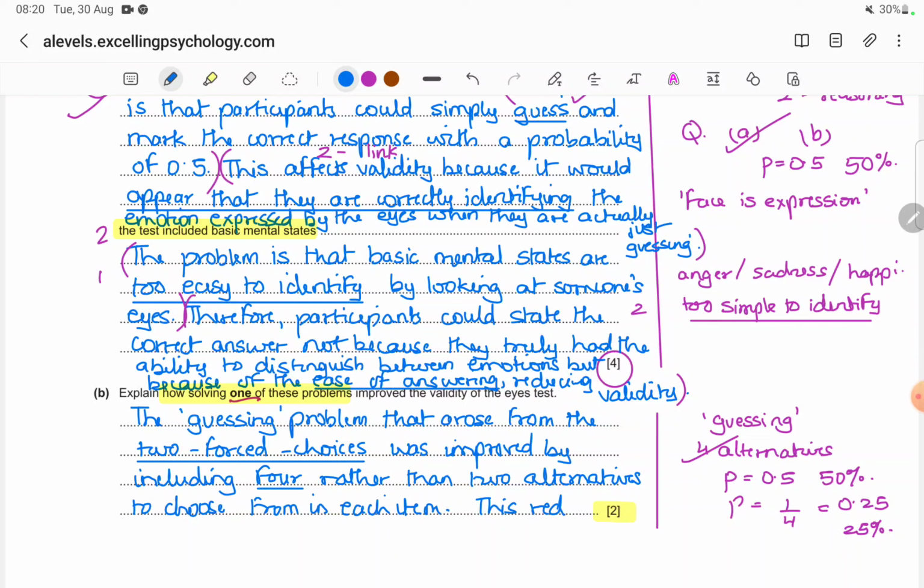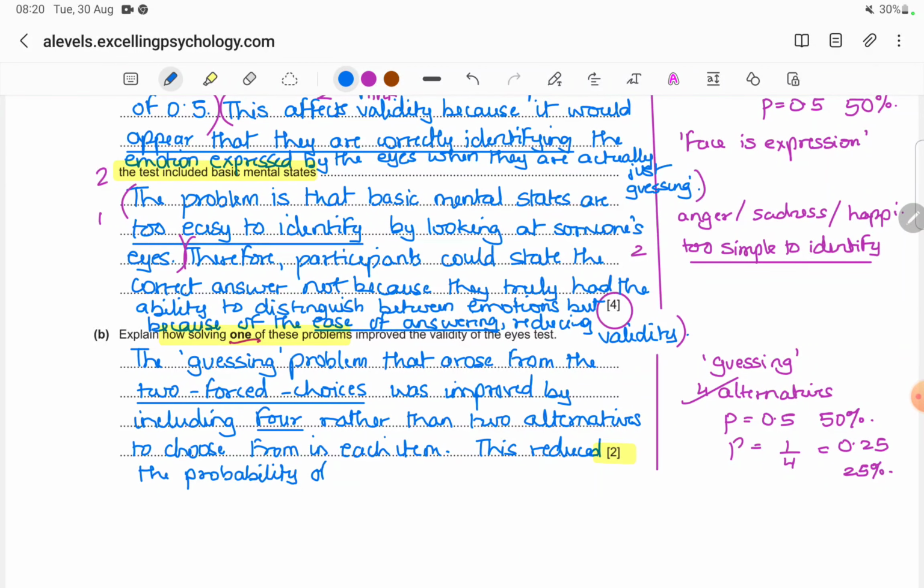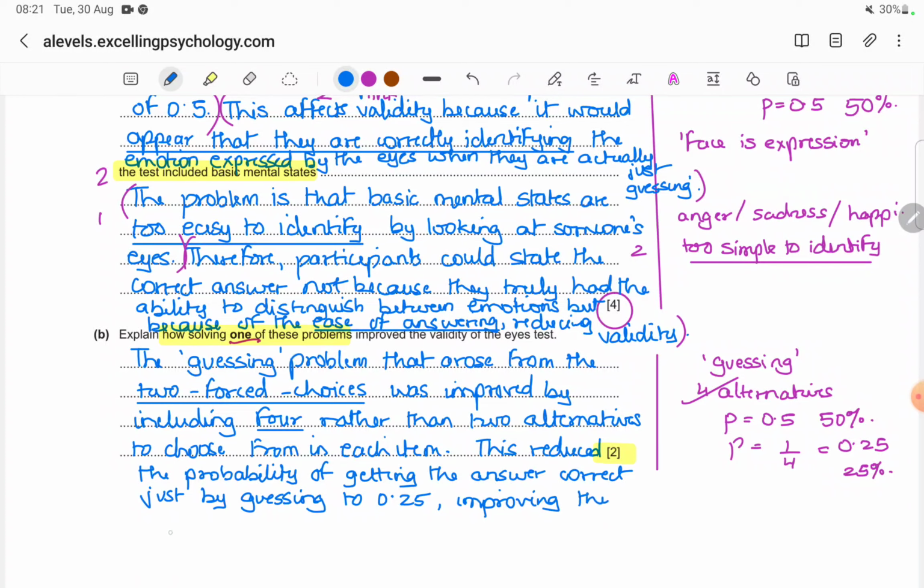This reduced the probability of getting the answer correct just by guessing to 0.25, improving the validity of responses.